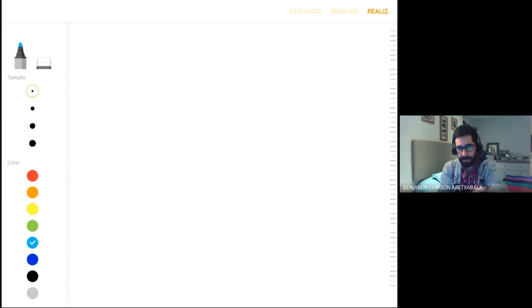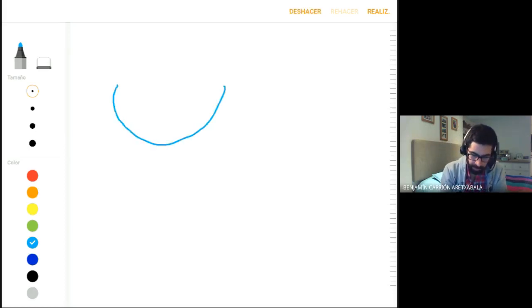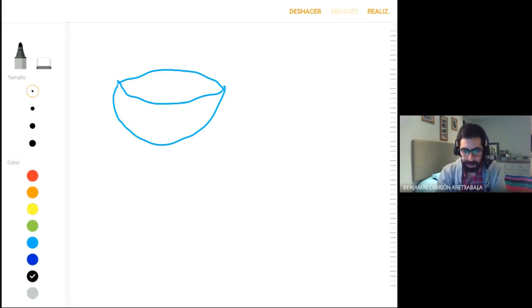Okay, so if I try to draw what's there, basically you have a drop of water. My pulse is not the best today, but you get the idea. And you have this drop that is cut in half.